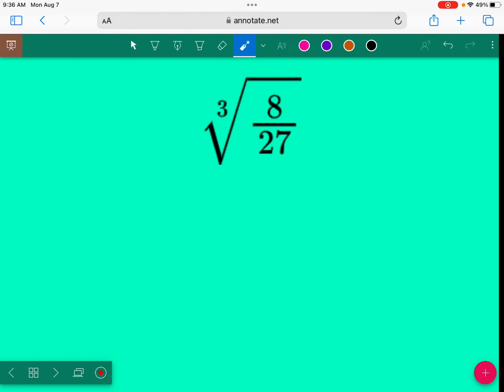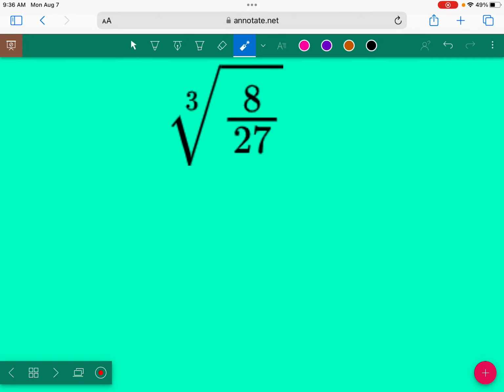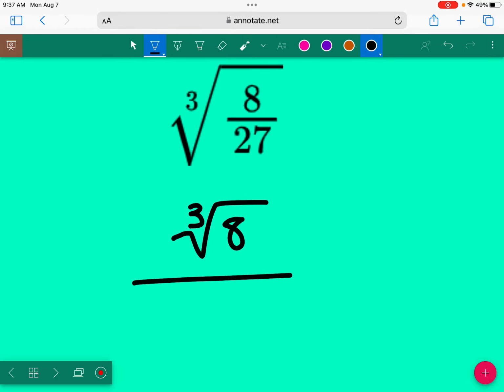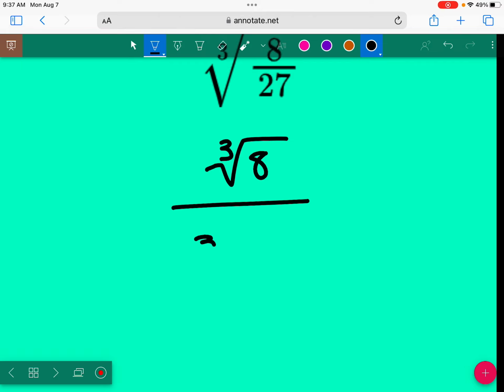So if we bring it in here, I'm going to zoom it in so we can see because the teal and the black are not as high contrast as I thought they were. We can do the same thing like we did with the variables on the first. I can take and split this into 2 different pieces because the cube root of 8/27, I don't know that off the top of my head. But the cube root of 8 over the cube root of 27, that we can think a little clearer on.